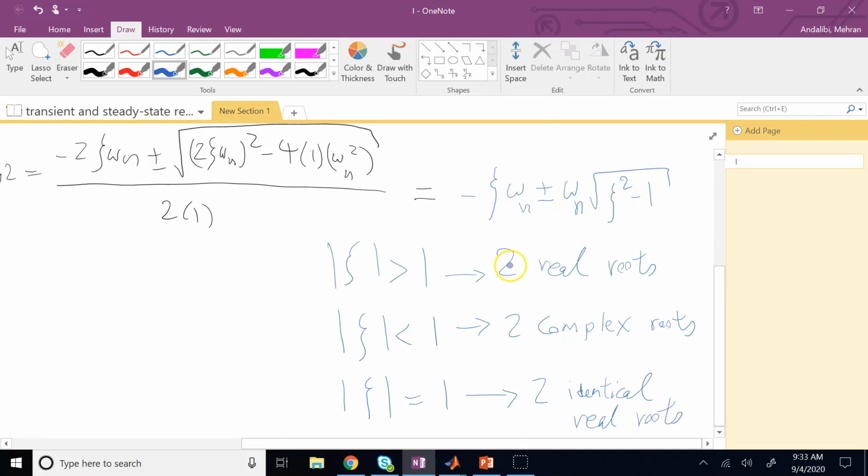And when there are 2 identical real roots, the Laplace inverse of that portion will be an exponential plus a t times exponential with negative exponent. And when they are complex, then you have sines and cosines times an exponential.